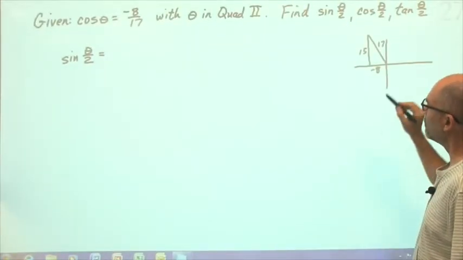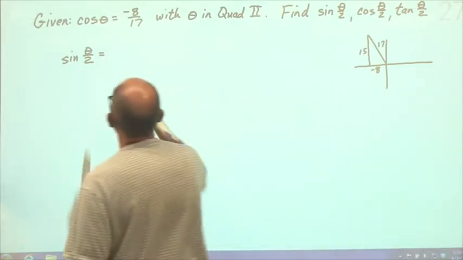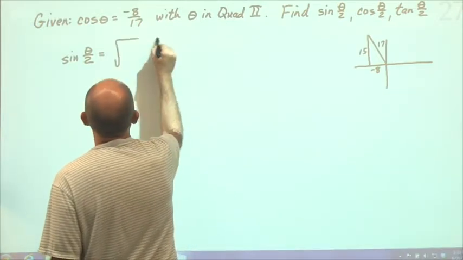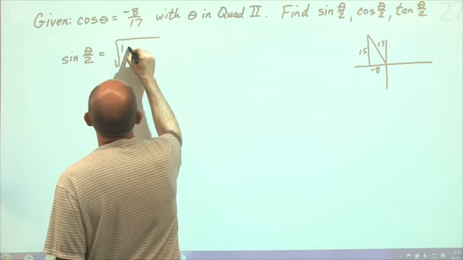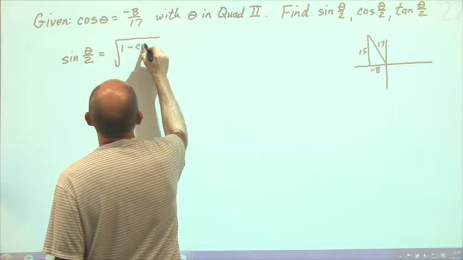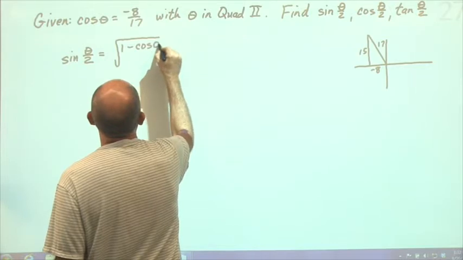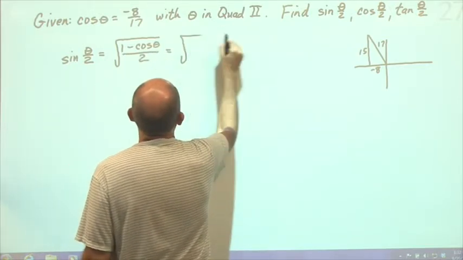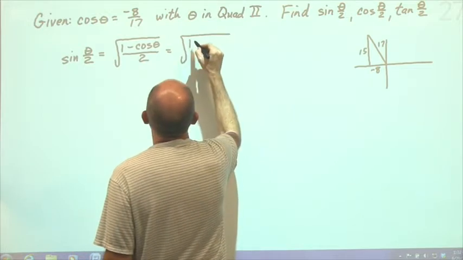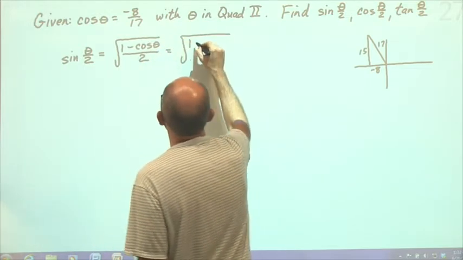Now, sine of theta over 2 is then the positive square root of 1 minus cosine theta over 2, which equals the square root of 1 minus a negative 8/17 over 2.